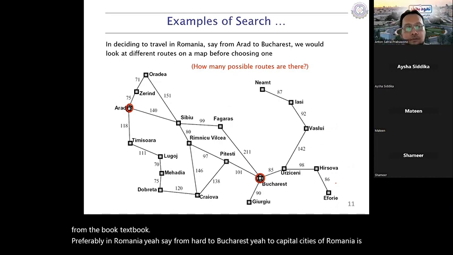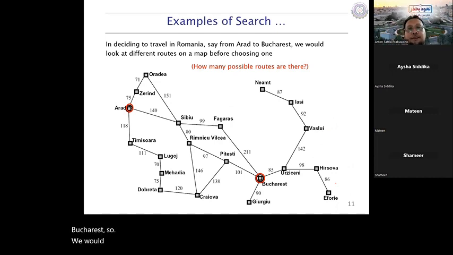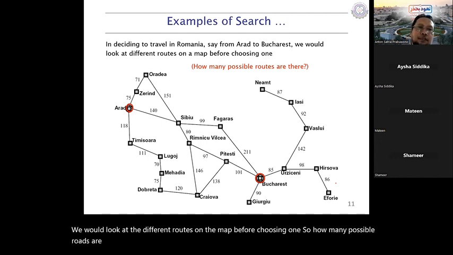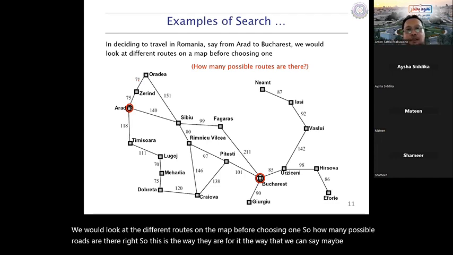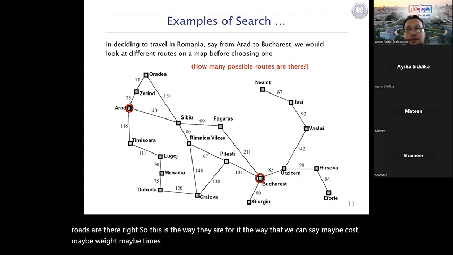So we would look at the different routes on a map before choosing one. So how many possible routes are there? This is the weight for each. The weight, we can say maybe cost, maybe time. It depends on the given parameters.